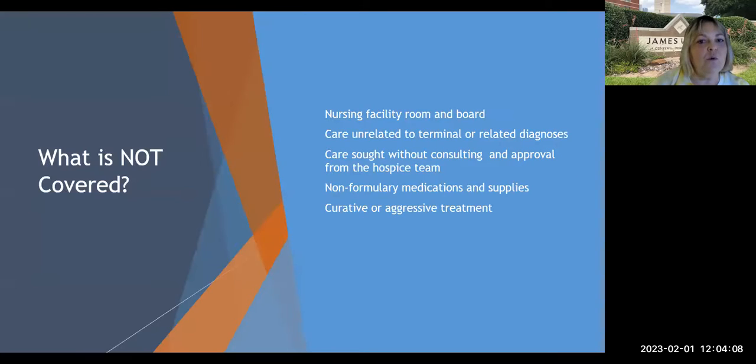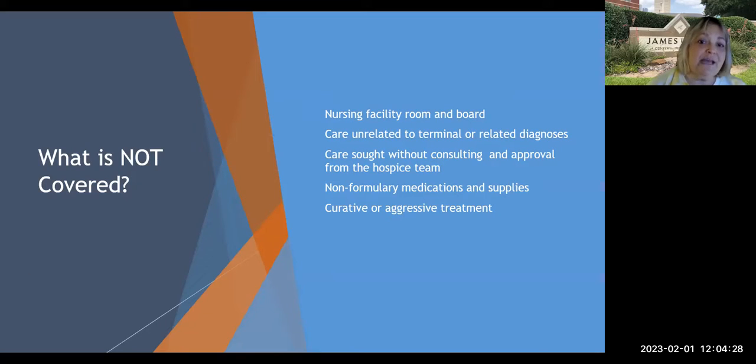But let's look at what is not covered. What's not covered are brand name medications with no generic. They do not cover the nursing facility room and board. If they are placed in a nursing home and they go on hospice, they don't start paying for their room and board.